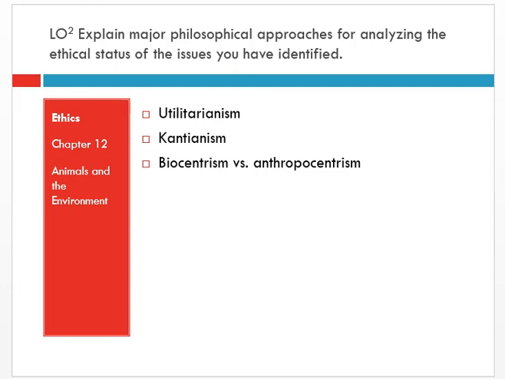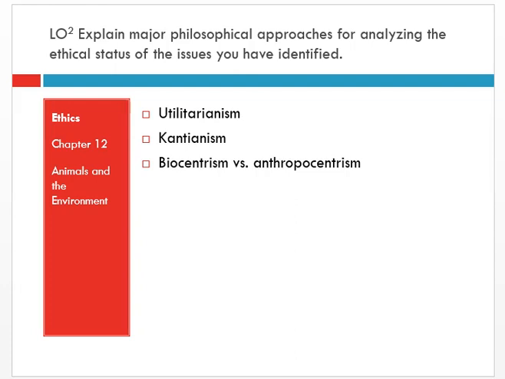All right, moving down to Kant. Traditional Kantianism would deny any intrinsic moral status, let alone rights, to non-human animals. But there are what we could call contemporary Kantians, people like Tom Regan, mentioned in the textbook, who hold that animals have very strong moral rights.